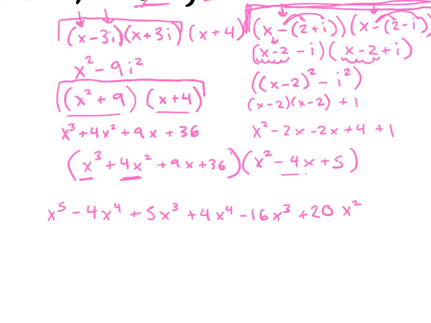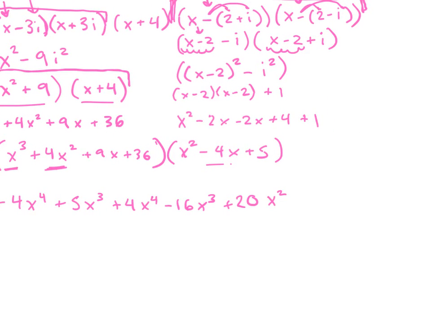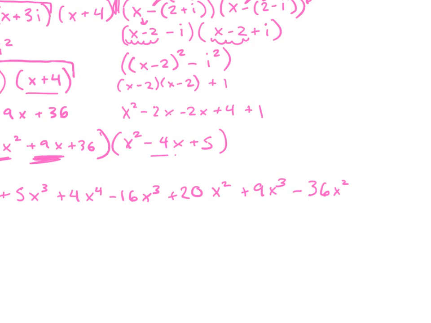Now moving on to the 9x. 9x times x squared is 9x cubed. 9x times negative 4x is negative 36x squared. And 9x times 5 is plus 45x. And then last thing is this 36.